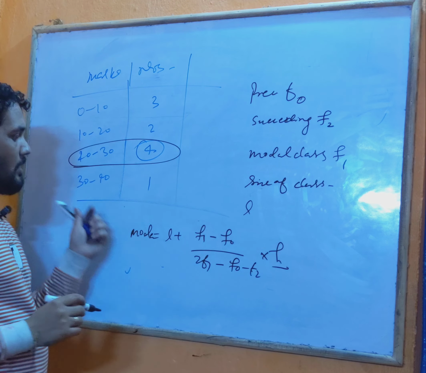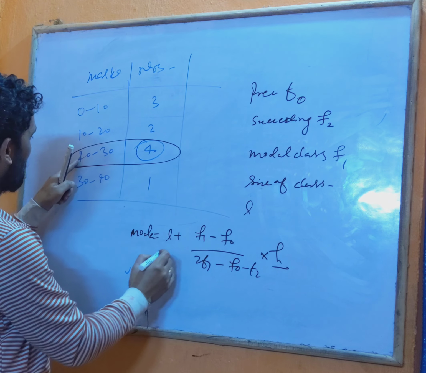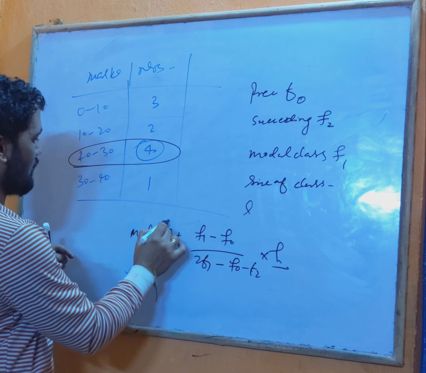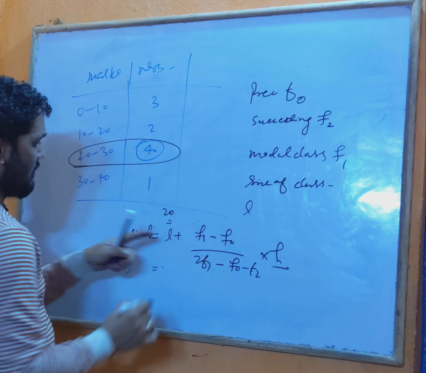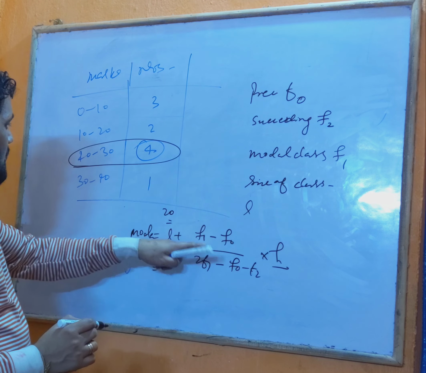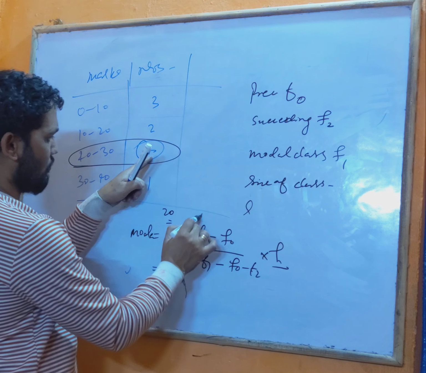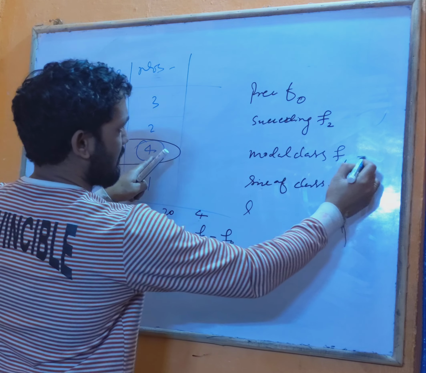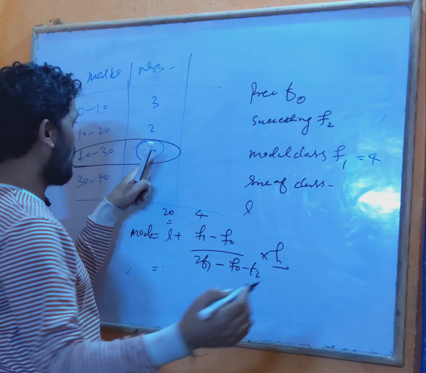The lower limit L is equal to 20. f1, the frequency of the model class, is equal to 4.